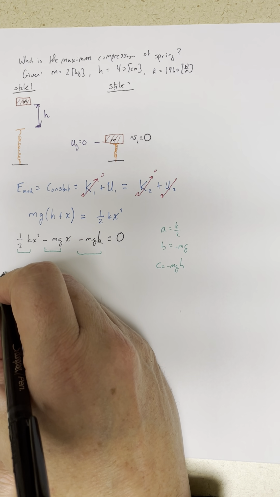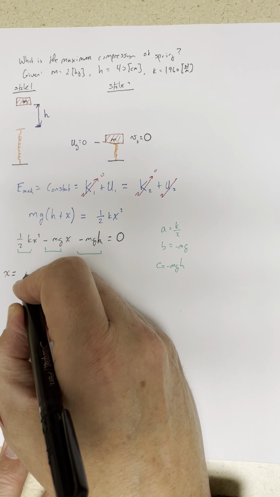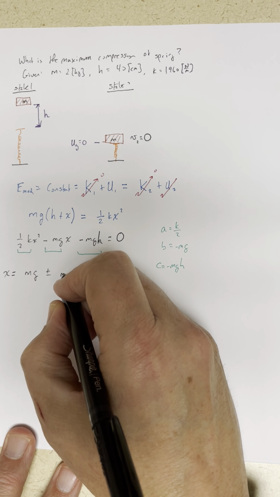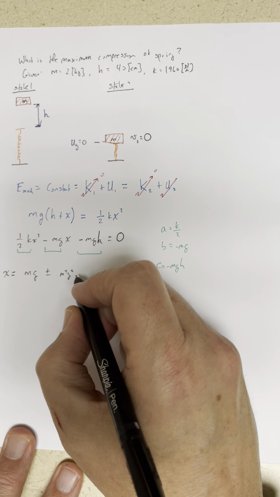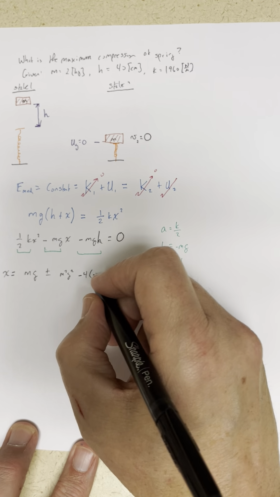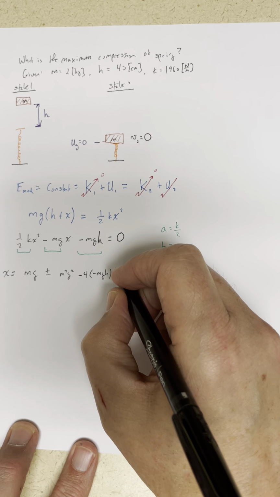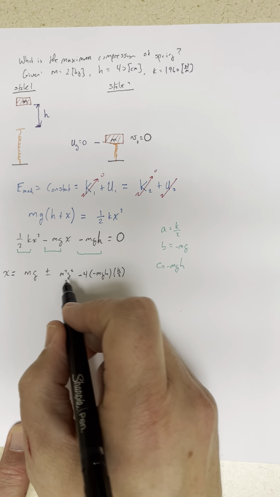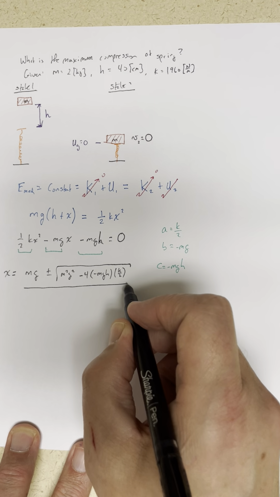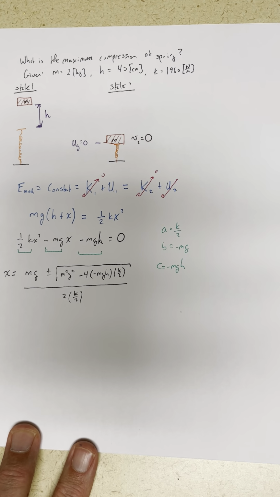It's going to give us 2 roots. x is equal to mg plus or minus the square root of m squared g squared minus 4ac, which is minus mgh, with a k over 2, all under a radical, and we'll have 2 times k over 2 in the denominator.